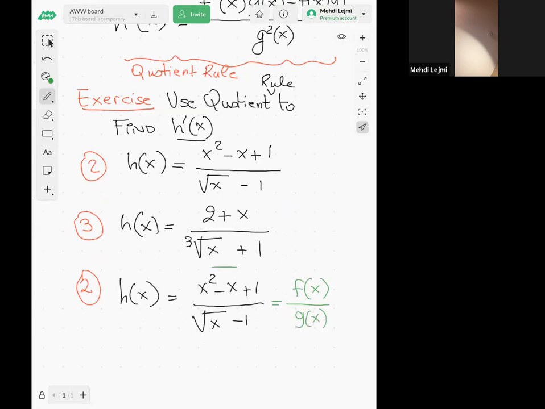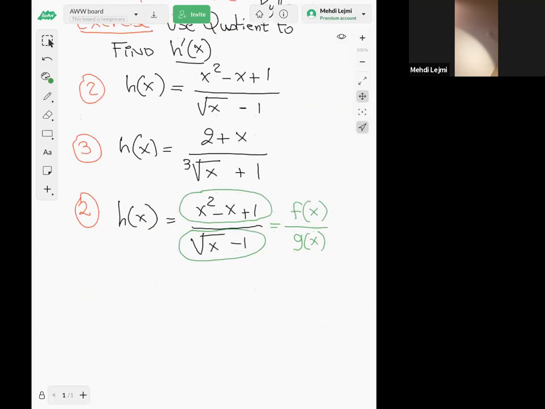So we said we have to use the quotient rule to compute the derivative h prime.